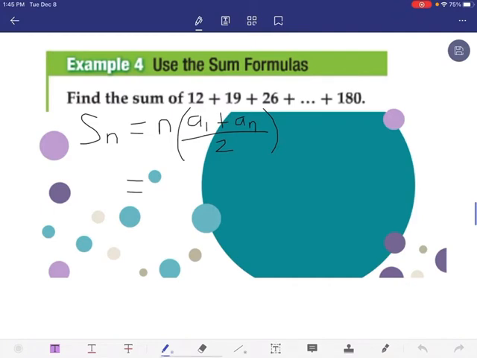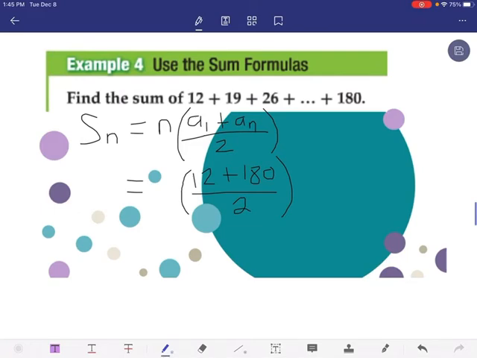Now, notice that I know that my first term is 12 and my last term is 180. But we don't know what number of term 180 is.